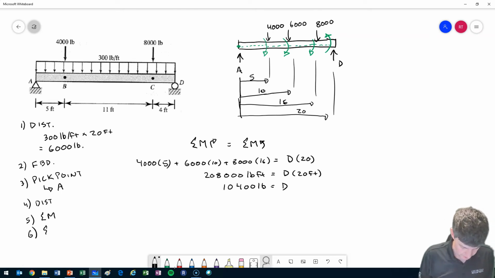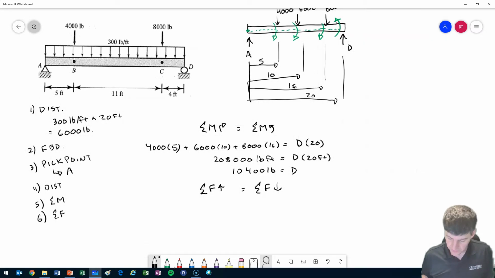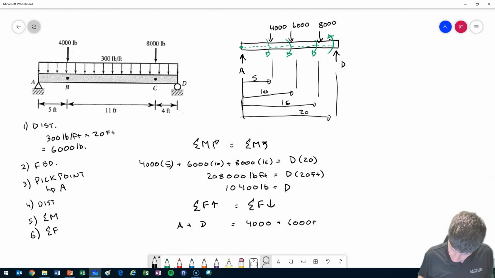Step number 6, sum of forces. So nothing tricky yet, so just the same process that we're going through, finding our external and internal loads. So A plus D is going to be equal to 4,000 plus 6,000 plus 8,000.